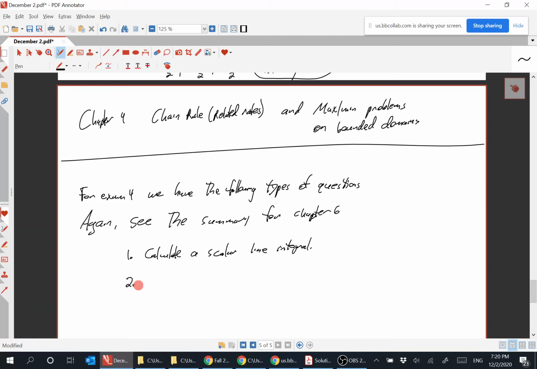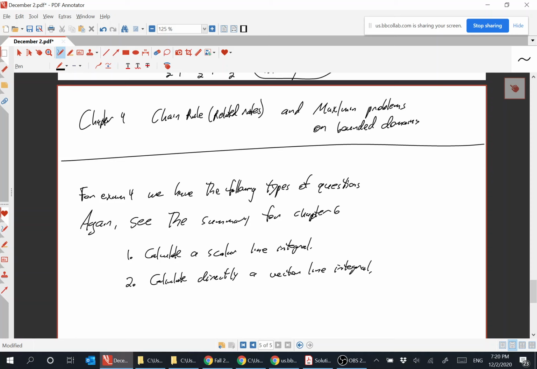2, calculate directly a vector line integral. So calculate a scalar line integral. That calculation is always direct.